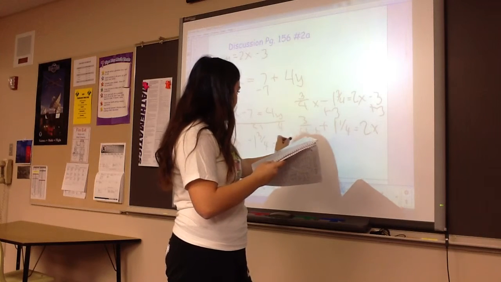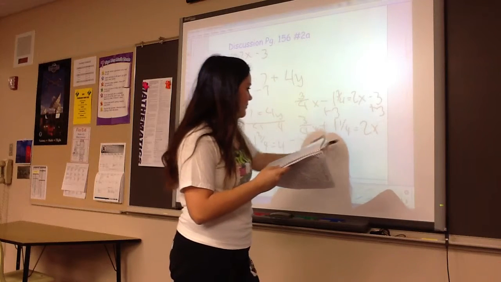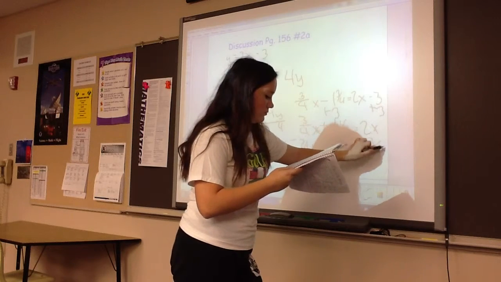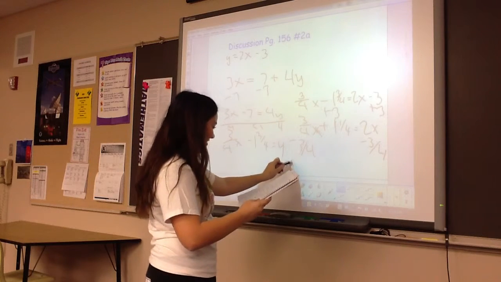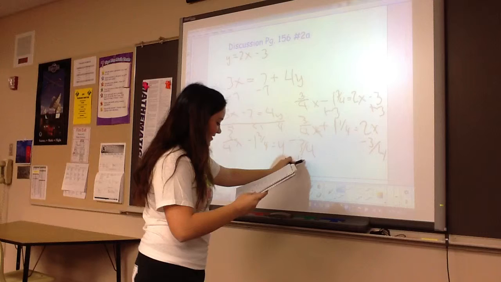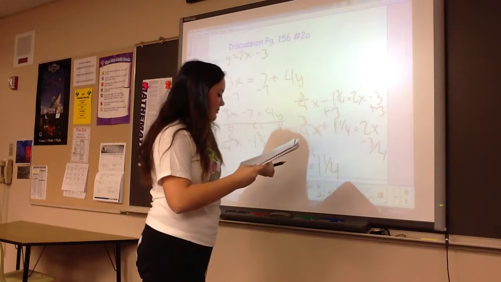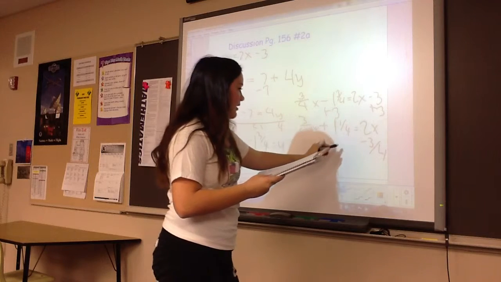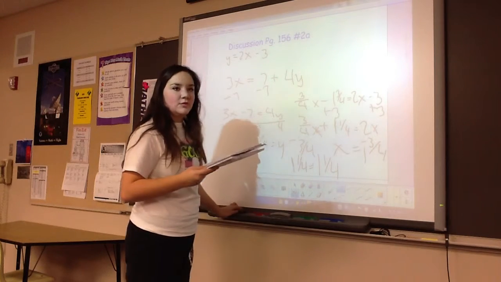And then I subtracted 3/4 x from each side to get 1 and 1/4 equals 1 and 1/4 x. And then if you divide both by 1 and 1/4, you get x equals 1. So that's what I did.